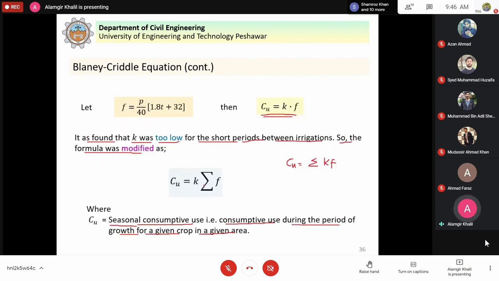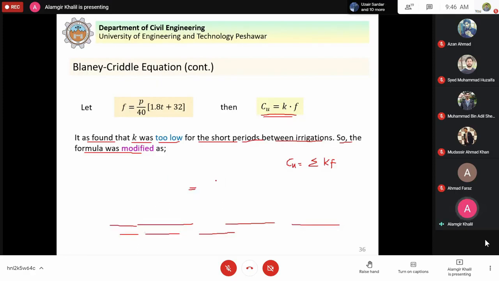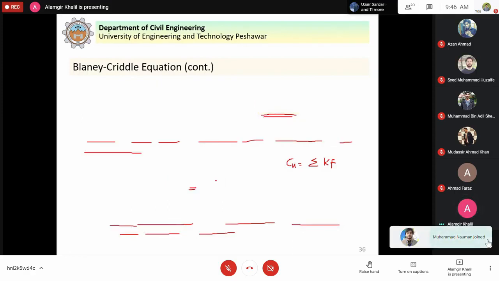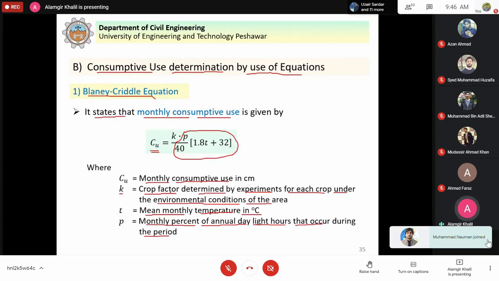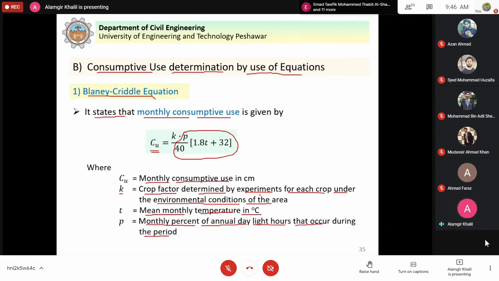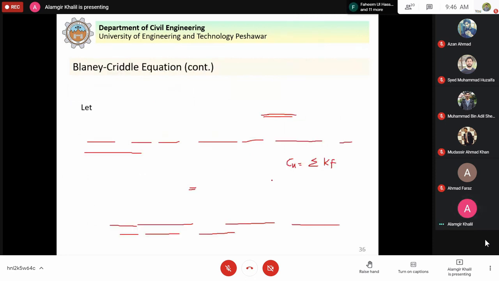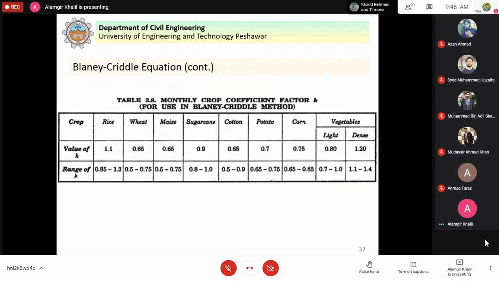Now in this equation, we have this K here. This K is the crop factor determined by experiments for each crop under the environmental conditions of that area. There is a table available, monthly crop coefficient factor K, this is small k, for use in the Blaney-Criddle equation.